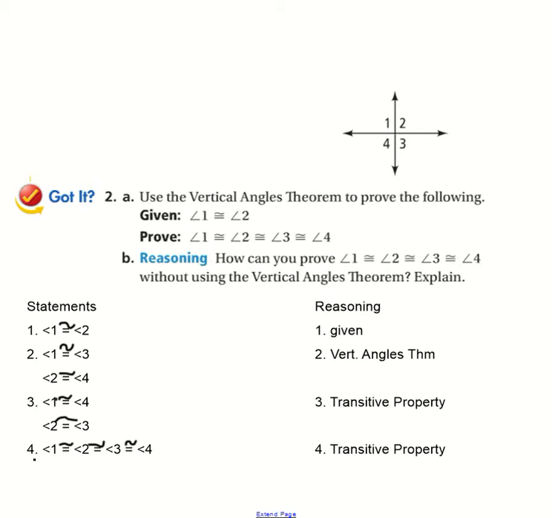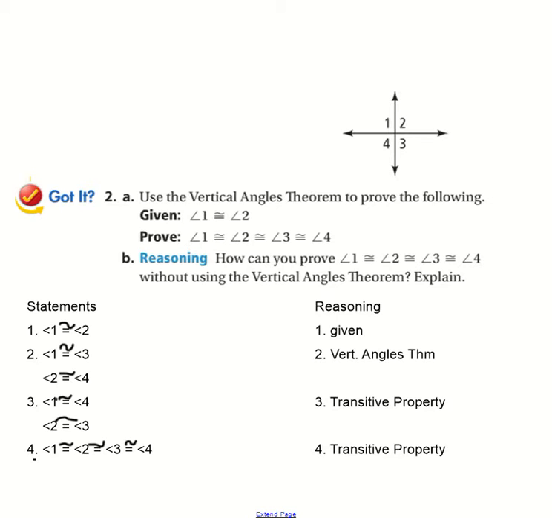How could you prove this without the vertical angles theorem? We would have to use knowledge about linear pairs and right angles. If we're given angle 1 is congruent to angle 2, we know they form a linear pair, which means they're both 90 degrees.